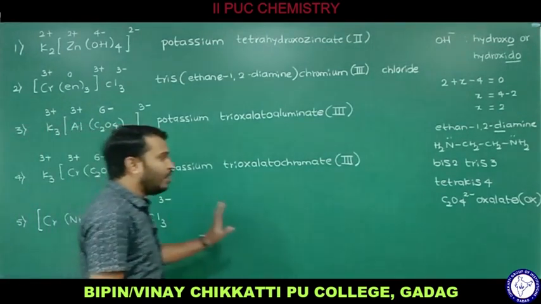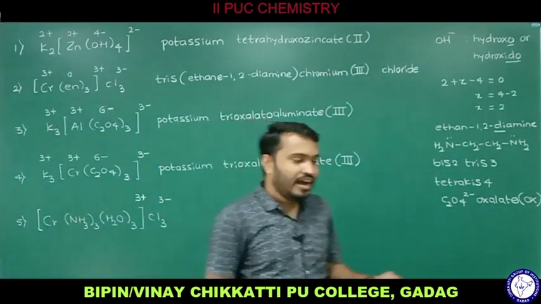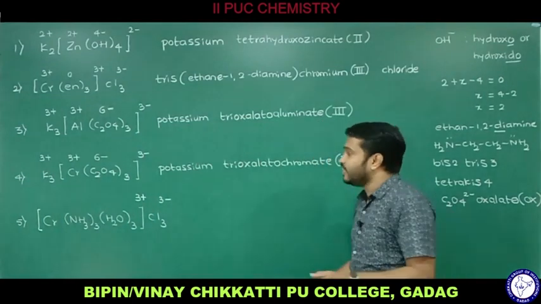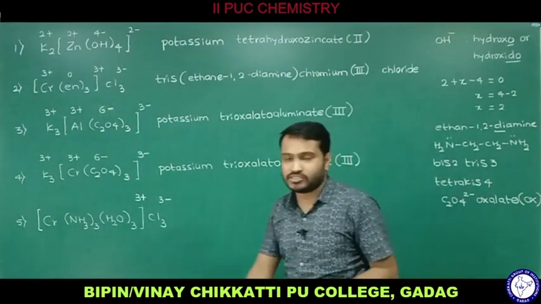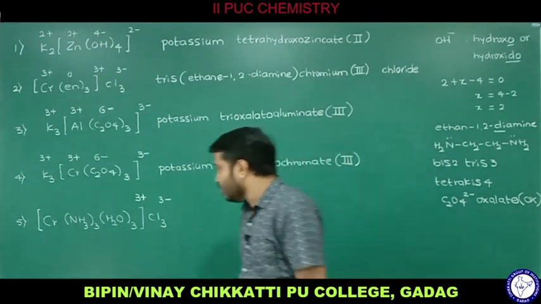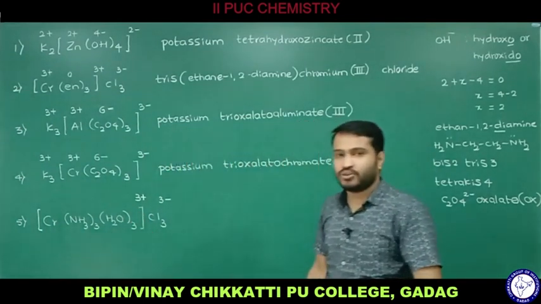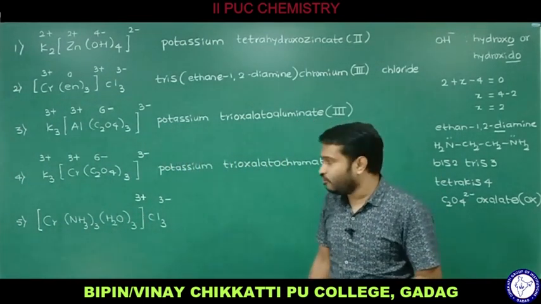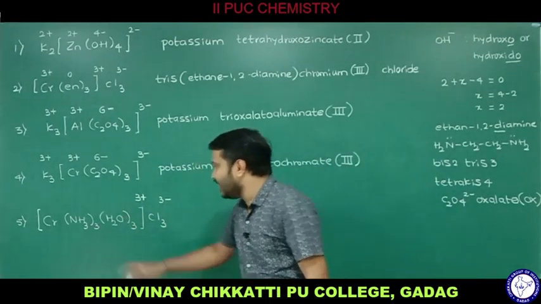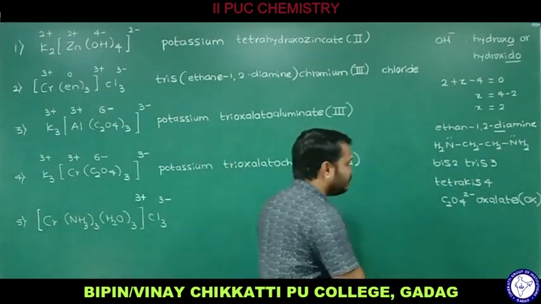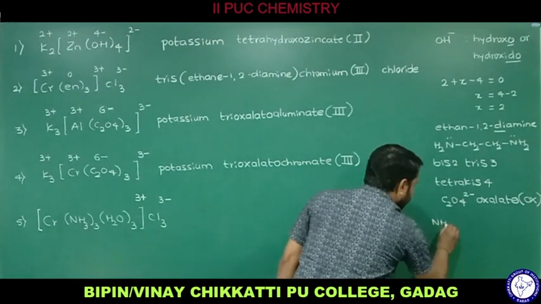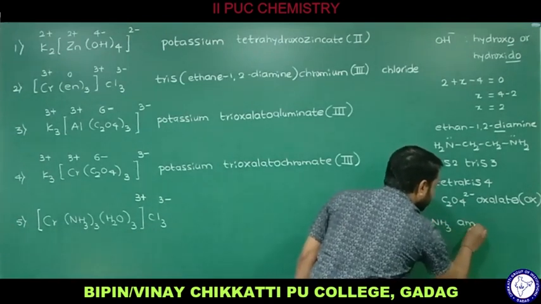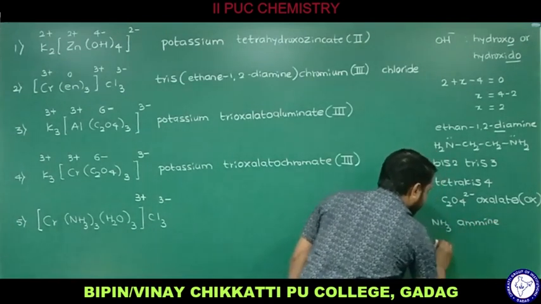We'll see how to name this compound. Since the complex has a positive charge, it is a cationic complex, and the ligand names have to be written first. It is a heteroleptic complex, because we have more than one type of ligand: NH3 and H2O.